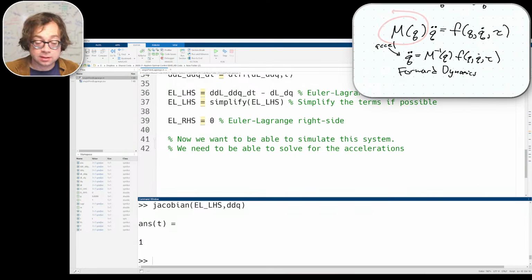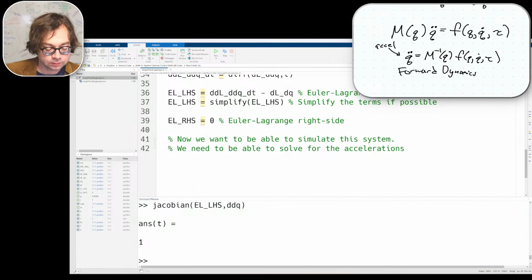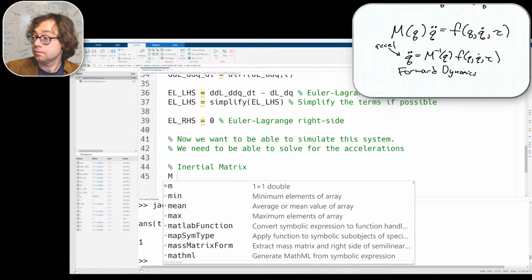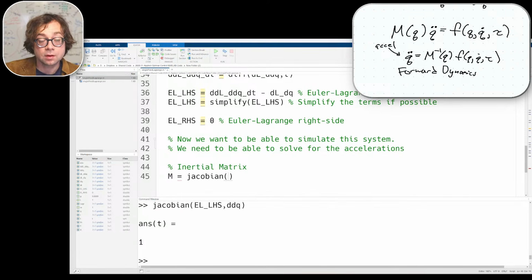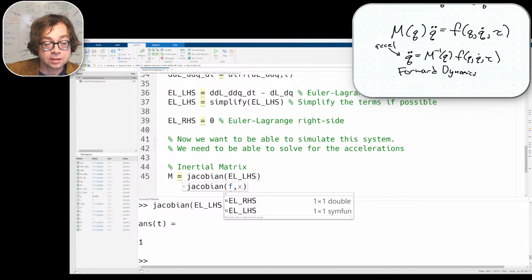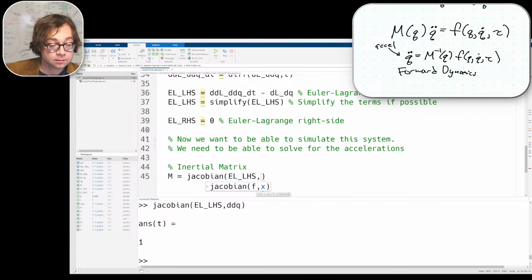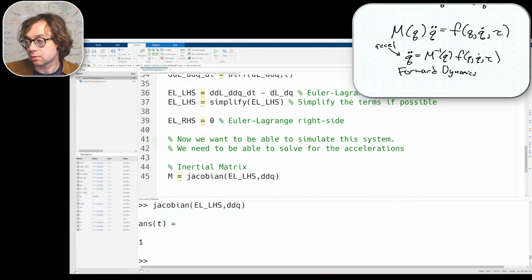That's the mass matrix, the inertial matrix. So let's say our inertial matrix M is going to be equal to the Jacobian of the left-hand side, LHS, with respect to ddq.